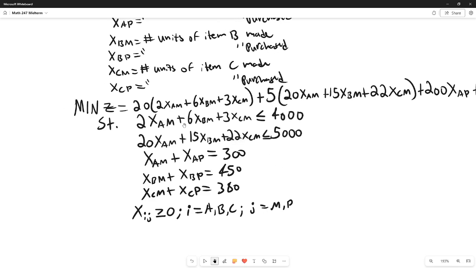Then from here you would have said H is less than or equal to 4,000, Q is less than or equal to 5,000, but then you would have also had to say H is equal to 2XAM plus 6XBM plus 3XCM, and Q is equal to 20XAM plus 15XBM plus 22XCM.